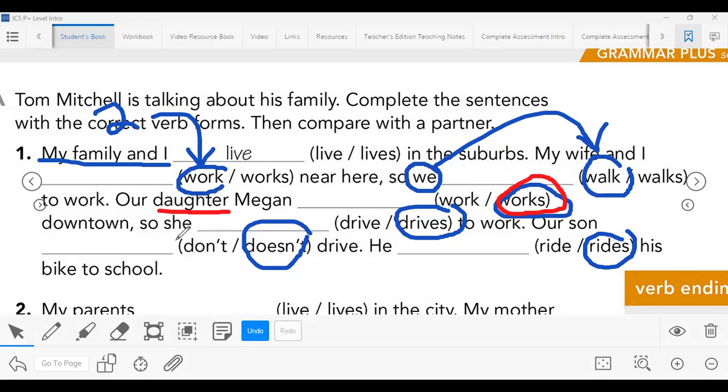She now is directly, no, we need changes. Our son, singular, doesn't, the negative that we say, right? For he, she, and it: doesn't. And finally, he, directly the pronoun, change, right? Okay, you see? So that's the structure that we need.